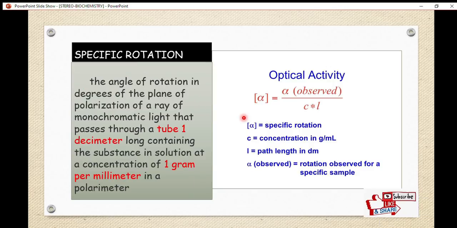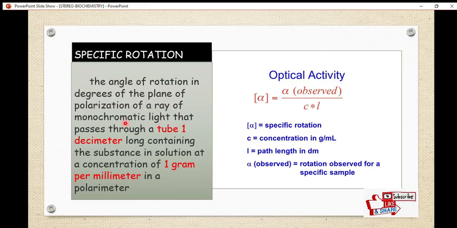Okay, so we have specific rotation. Specific rotation is the angle of rotation, recorded in degrees, of the plane of polarization of a ray of monochromatic light.